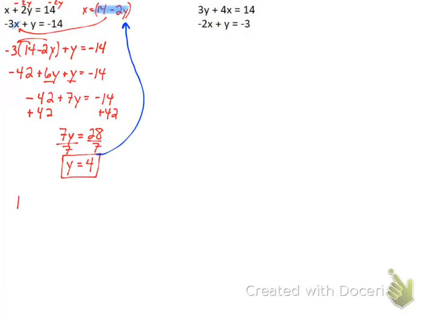And so I get x is equal to 14 minus 2 times 4. 14 minus 8 gives me 6. And so my ordered pair solution is the ordered pair 6, 4.